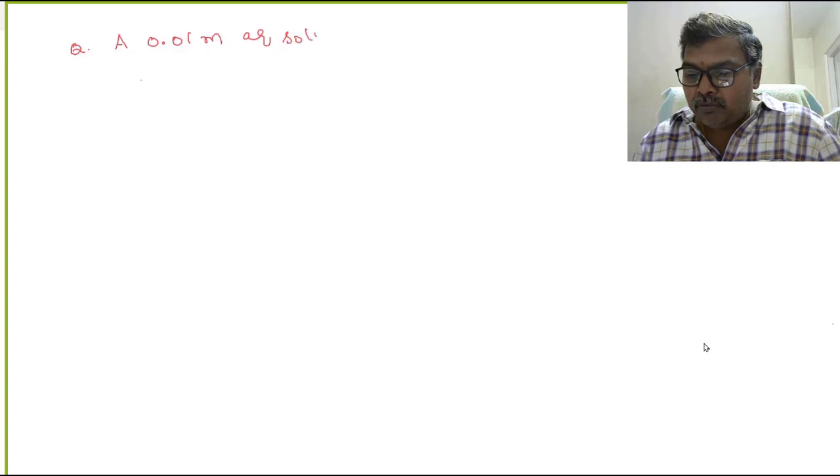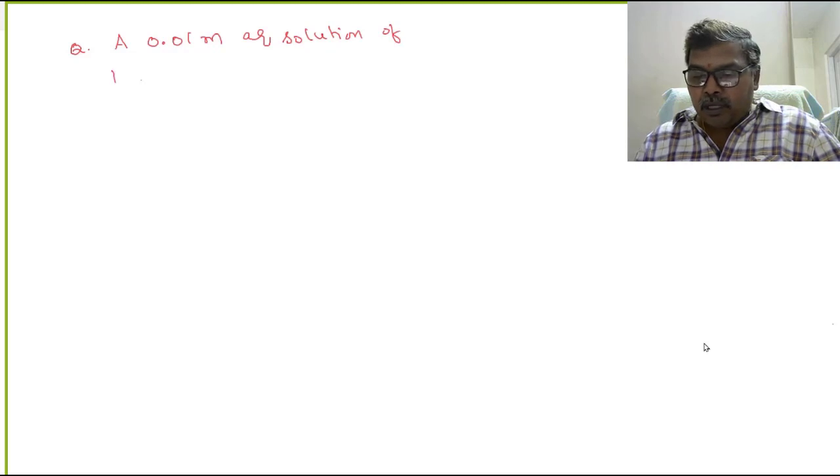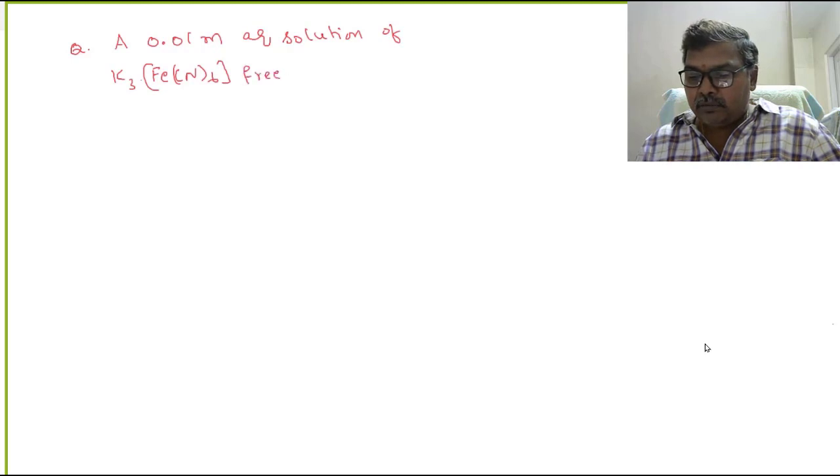Now it's the next problem. A 0.01 molar aqueous solution of potassium ferricyanide freezes at minus 0.062 degrees Celsius.